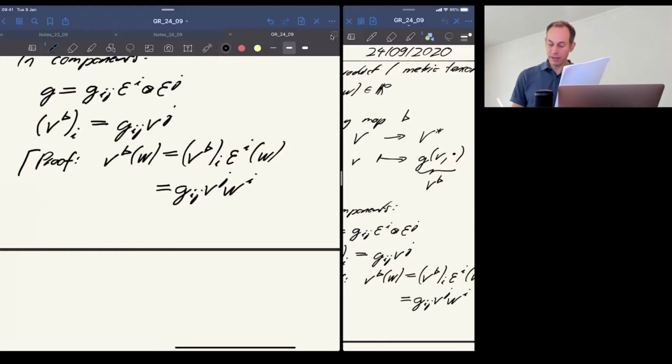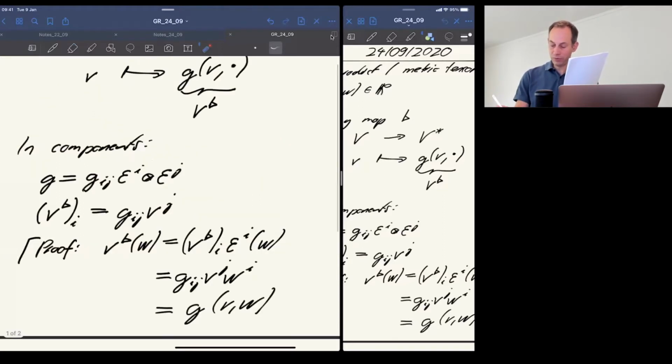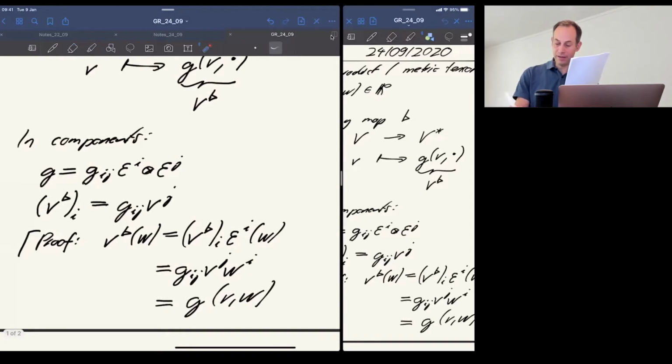And now you see, indeed, the expression now corresponds to G(V,W). That's what this here is, by the definition of what G means. So we have indeed obtained the correct result, because what we wanted is to prove that if we take this object, maybe I should have written here what we want to prove.